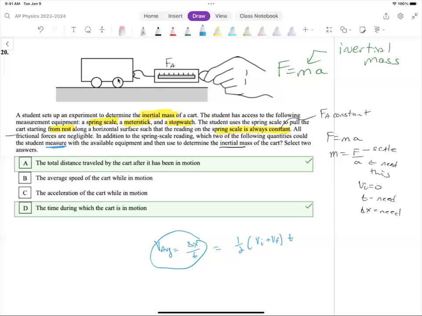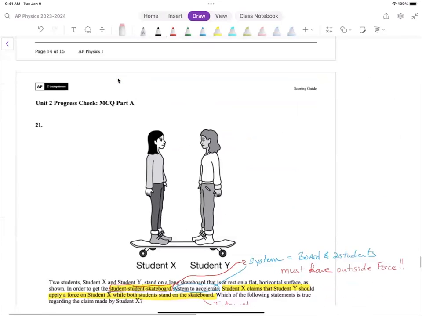How do you measure average speed with a meter stick and a stopwatch? You can't. You can't measure the initial velocity, it's 0 in this case, but the final velocity with a meter stick and stopwatch, nope, can't do it. Okay, moving on. Last one.